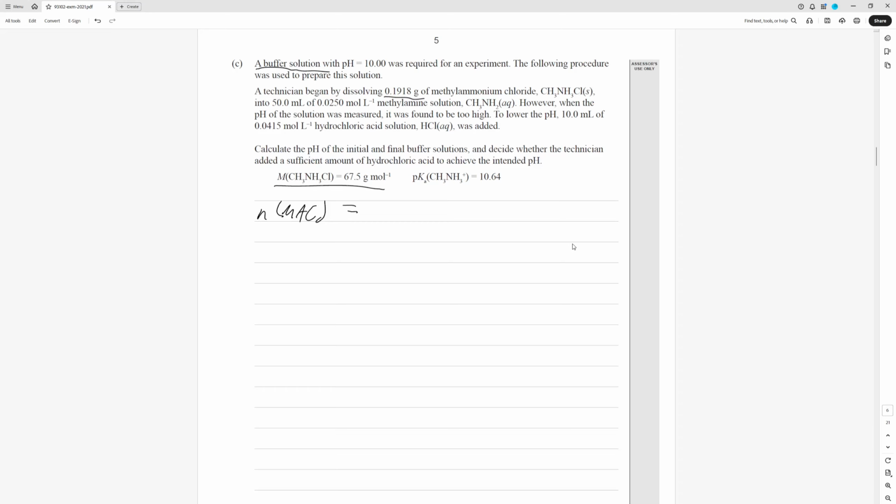So again, using the formula mass over molar mass, so 0.1918 over 67.5. That gives us 2.841 times 10 to the power negative 3 moles present. And we also need to find the base. This is volume, that's concentration, so moles equals CV.